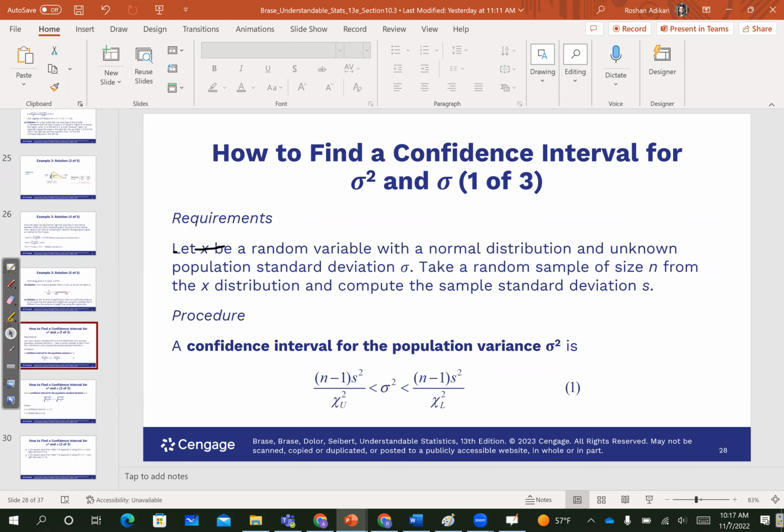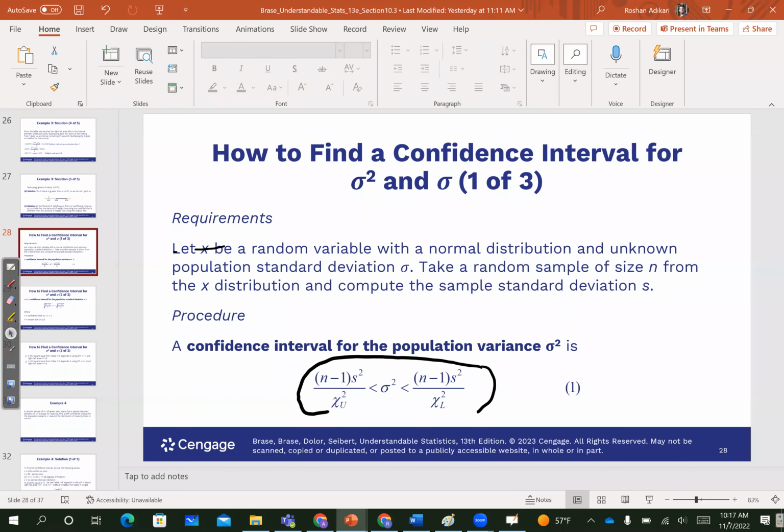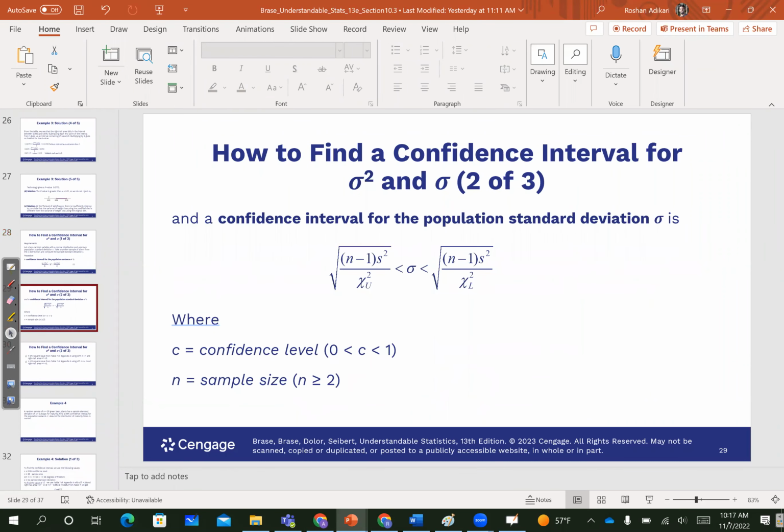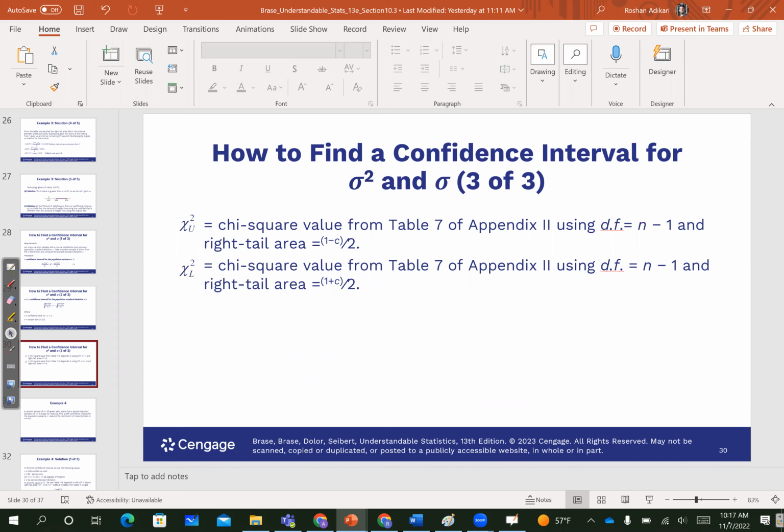This one is exactly what you are looking for, where these chi squared u and chi squared l, upper and lower things are. This one is the important one.